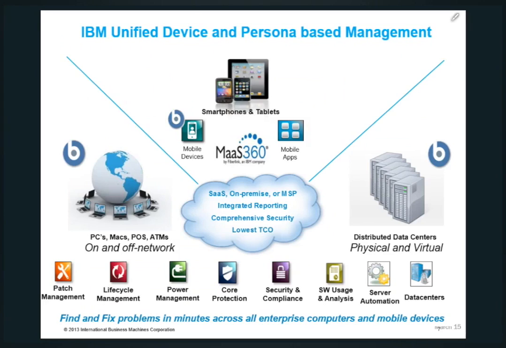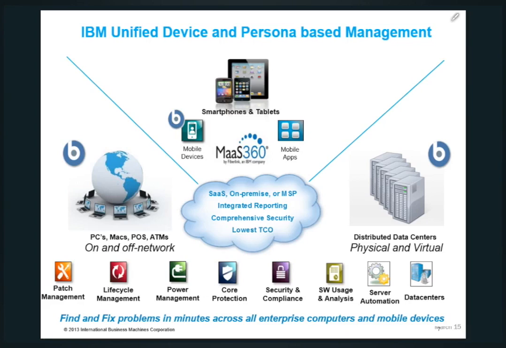What I'm going to start with is this overview slide that gives you the full unified management of your organization. If you look in the very middle here, we're showing the cloud-based approach. Above we have MaaS360, which is renamed to MobileFirst Protect, which is our mobile device platform from a company that we bought called FiberLink.